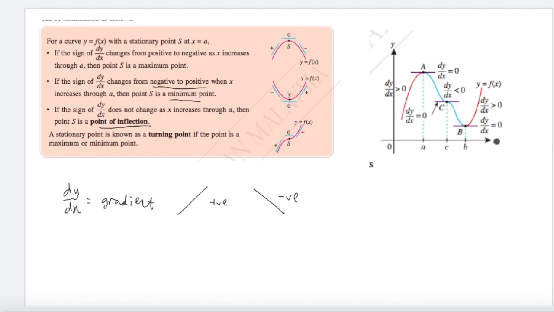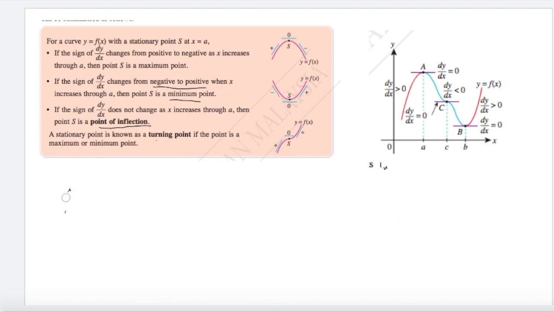Let's see this one. Generally, if the curve goes up and then down, dy dx will be equal to 0. I draw another one. If going up, the gradient is positive; if going down, negative.